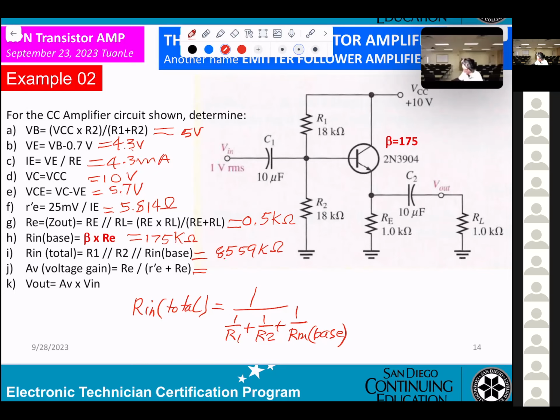Next one, AV. RE, 0.5K, divided by R prime E plus RE.